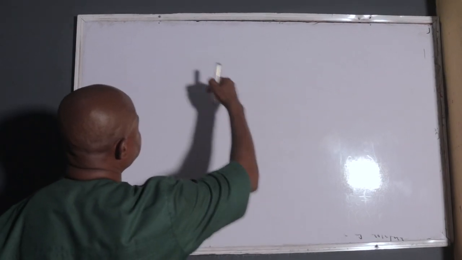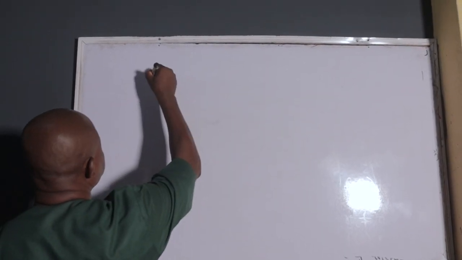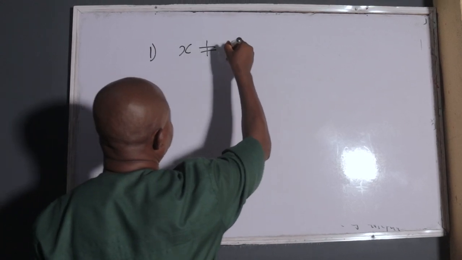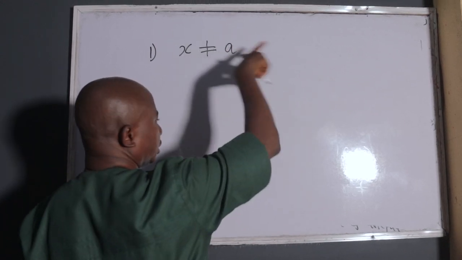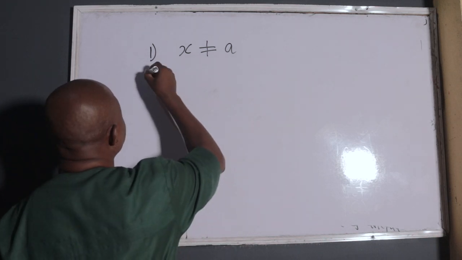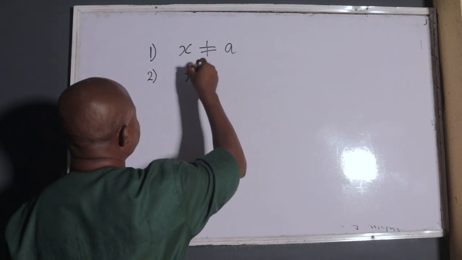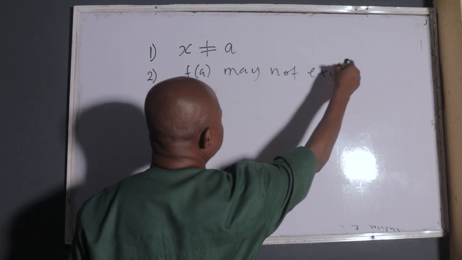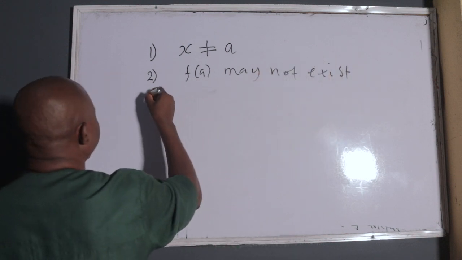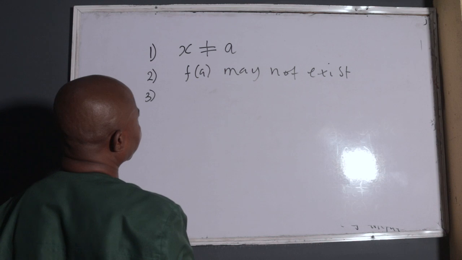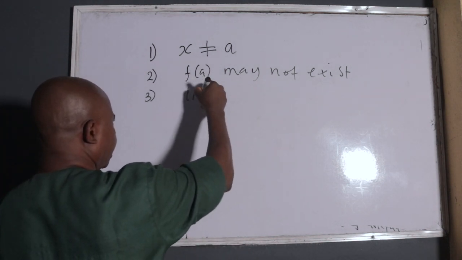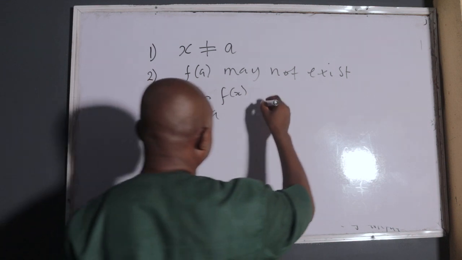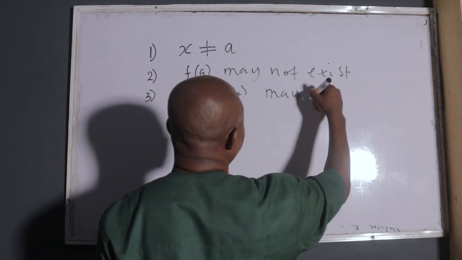Let me summarize the facts from the definition. Number one fact is this: x is not equal to a, which is what we have seen. Number two is that f of a may not exist. Number three is that limit of f(x) as x approaches a may also not exist.